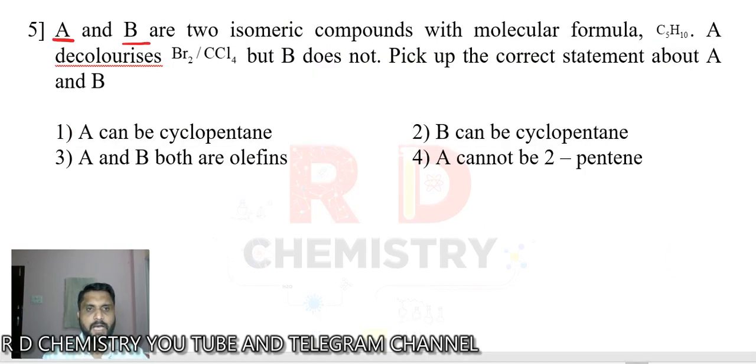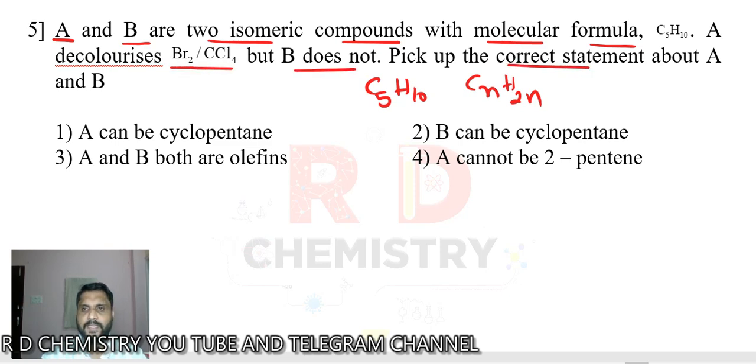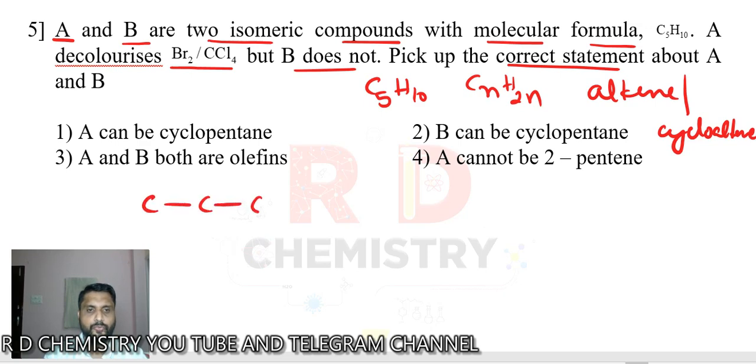A and B are two isomeric compounds with a molecular formula C5H10. Looks like CnH2n. A decolorizes bromine in carbon tetrachloride, B does not. Pick the correct statement about A and B. Now, this can be either alkene type or cycloalkane type. If I go for carbon number 1, 2, 3, 4, and 5, let me put the double bond here.